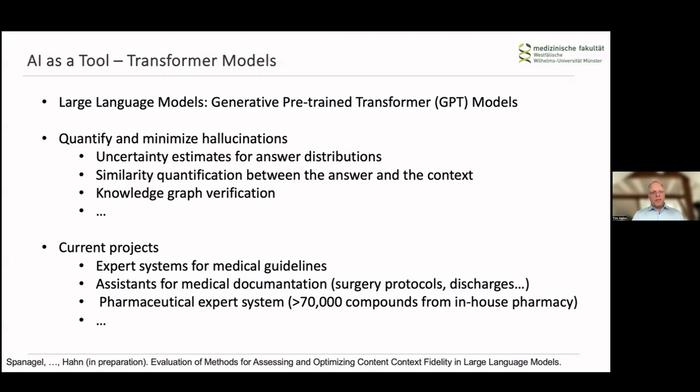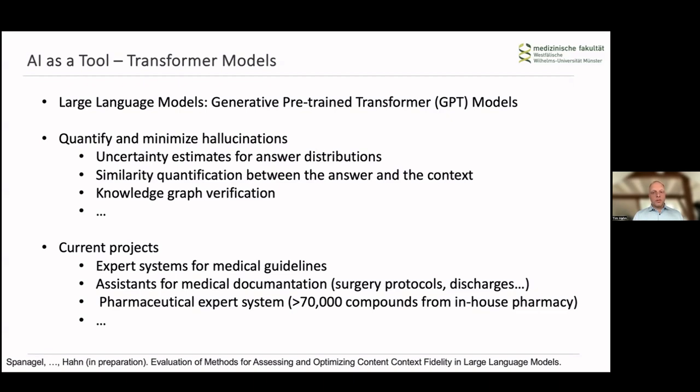Second project is we want to build assistants that help us document things in the clinic. And Christian knows this. We want to look into surgery protocols. We want to look into discharge letters. There is just a huge amount of documentation that you have to do in your daily practice that we could largely automatize.